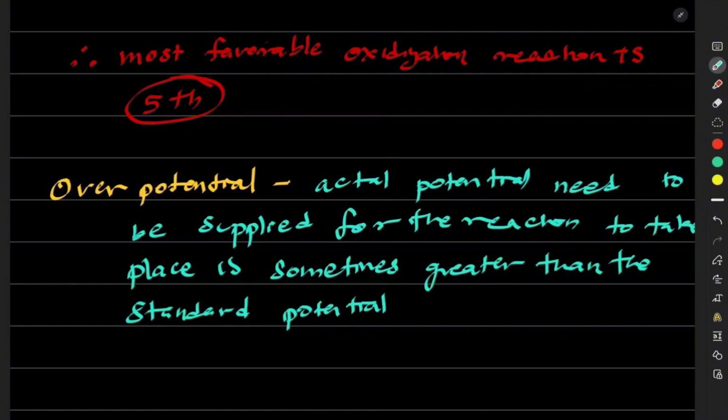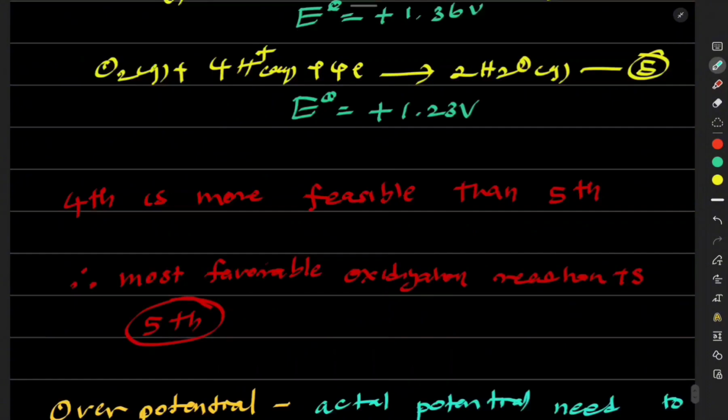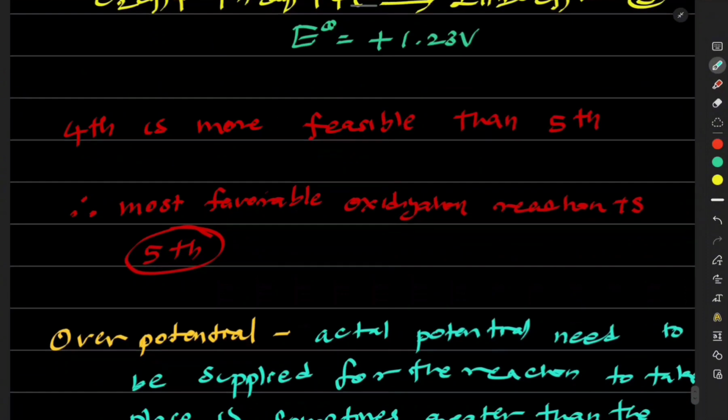In this case, Cl₂ gas is released because the overpotential of reaction 5, which releases O₂, could be much greater than that of reaction 4. Therefore, reaction 4 requires less potential to be supplied than reaction 5. This is due to overpotential.